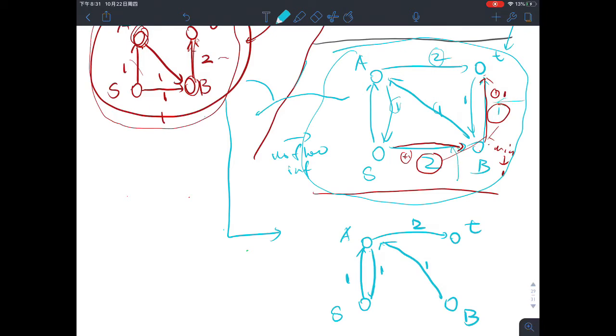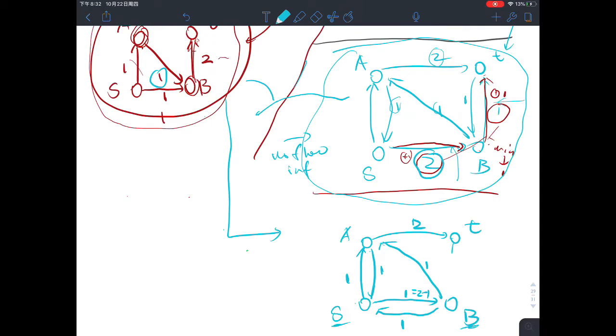That means if I consider the edge between S and B, we can move one more unit of flow because I already used 1 unit and the total capacity is 2. But we can also use the reverse edge principle, which means we can push back 1 unit of flow from B to S, for the reason we just discussed.